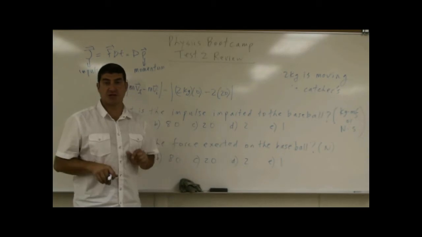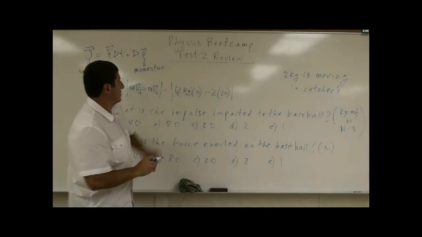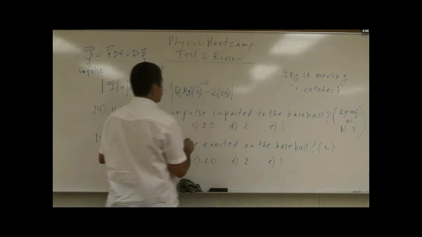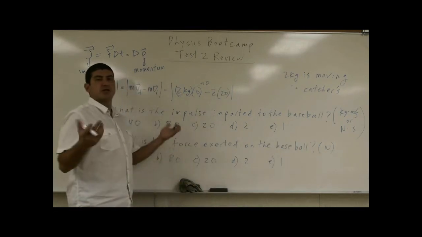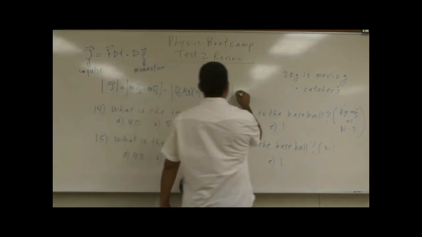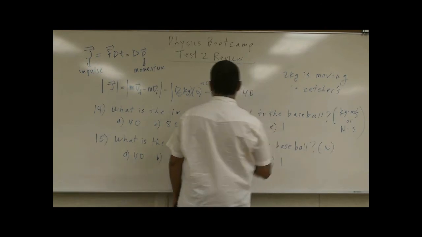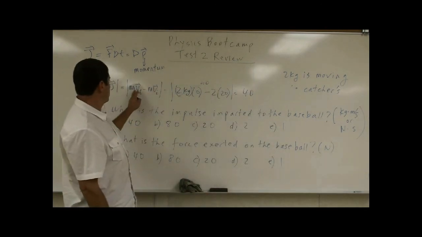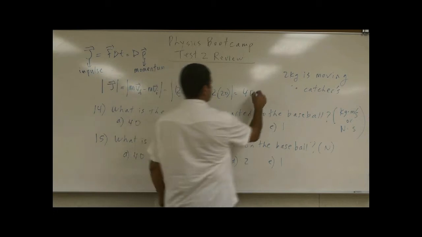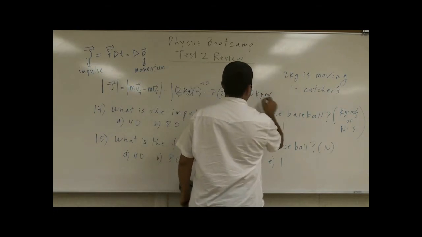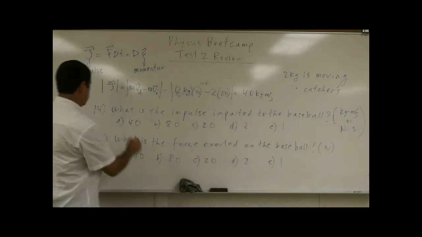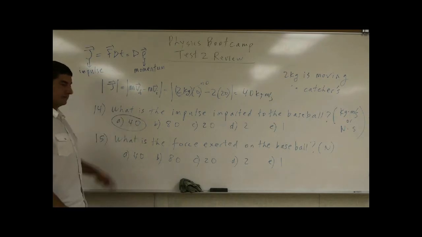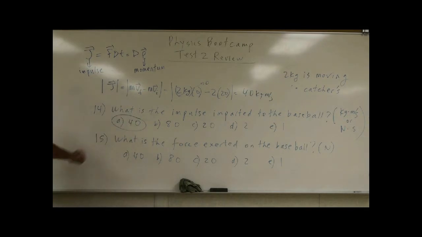Again, I'm just interested in the magnitude. Well, since the final velocity was 0, this disappears. 2 times 20 is 40, right? So absolute value of negative 40 gives you 40. So the units of it is what? Kilogram meter per second. So the answer is what? A, right? For the what is the impulse?